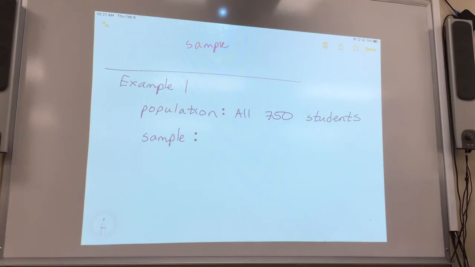I would say a sample would be between maybe 50 and 100 students. I think that's too small for some. It might need to be larger than that even. But no lower than 50, for sure. No lower than that. 750 is a lot of kids, so you need to have a larger sample space.